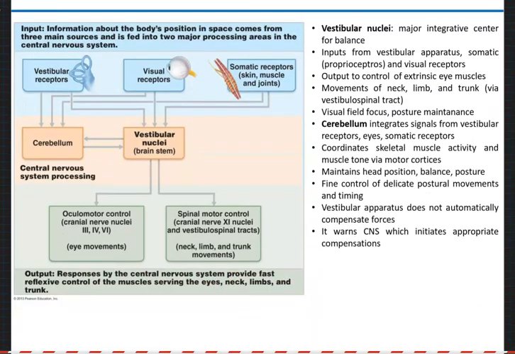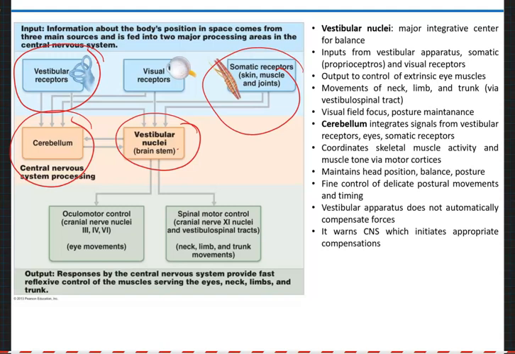So pathways. What I want to focus you on, hear me out. Well, vestibular nuclei, sure. But the point is that your vestibular receptors communicate to your cerebellum and to your muscles and joints. Why muscles and joints?